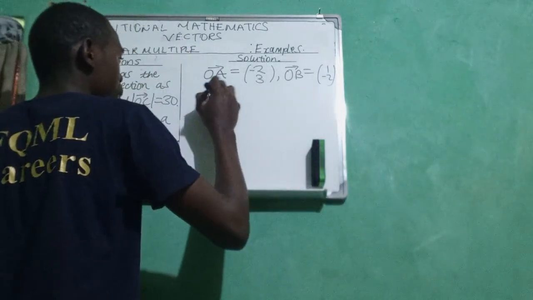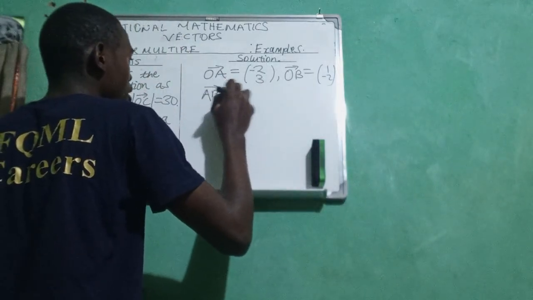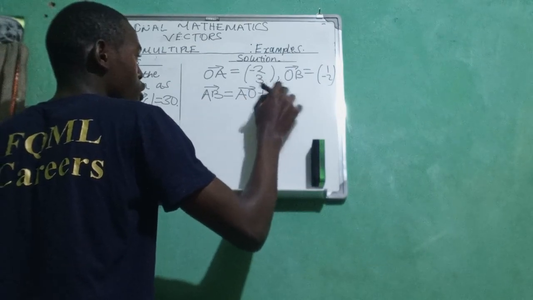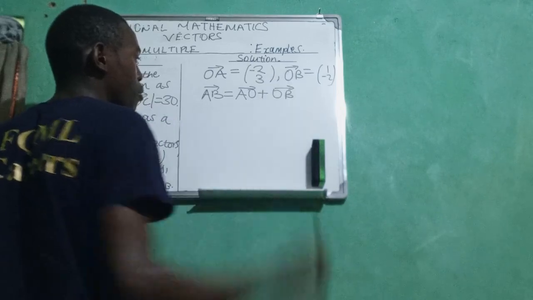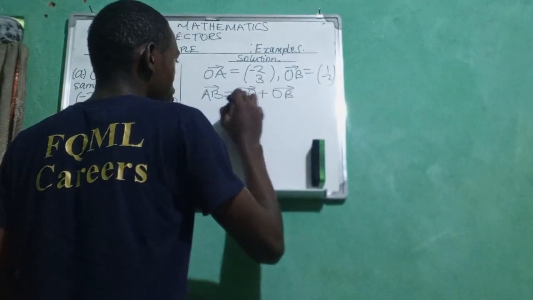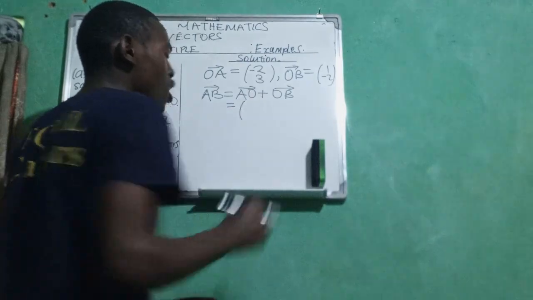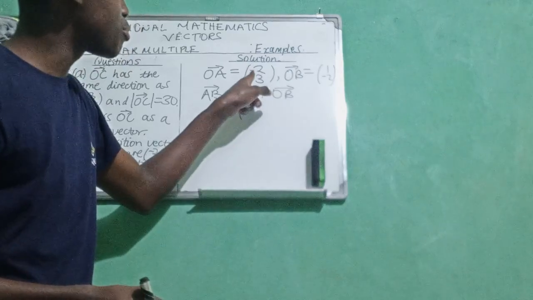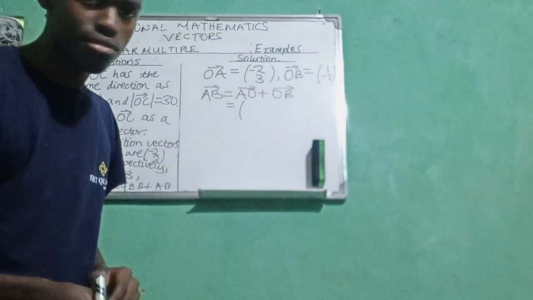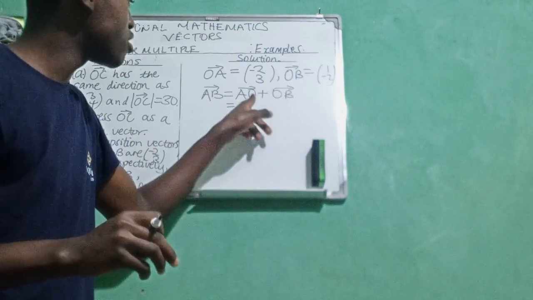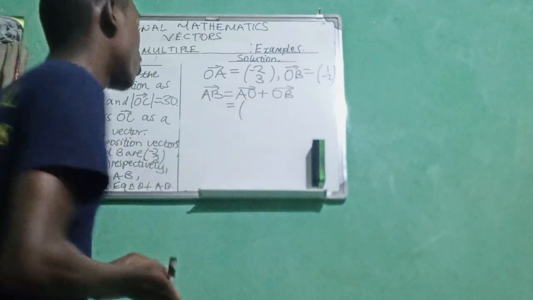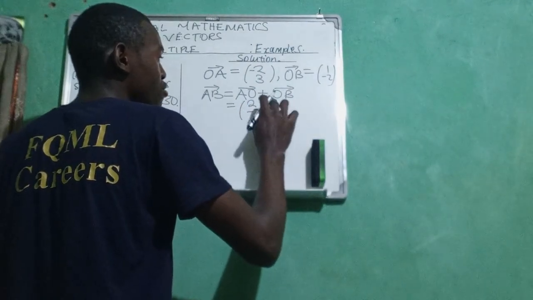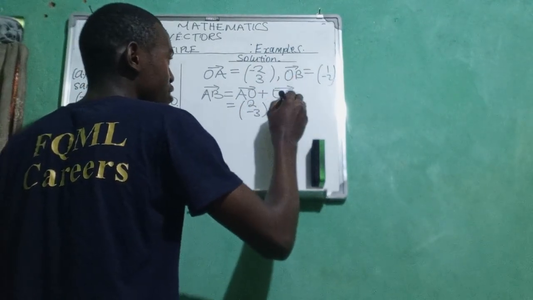Vector AB will be equal to A, we go to O, then from O we go to B. That's how we always do things. So AO is the opposite direction. What is negative becomes positive, and what is positive becomes negative. That's all we do when we are going in the opposite direction. So it will be (2, -3).